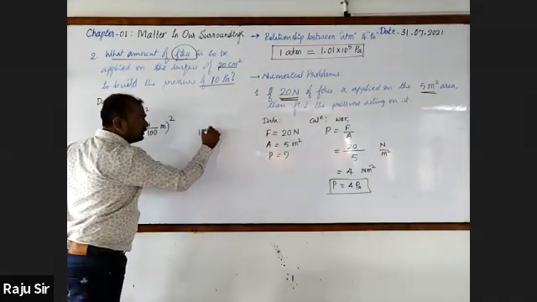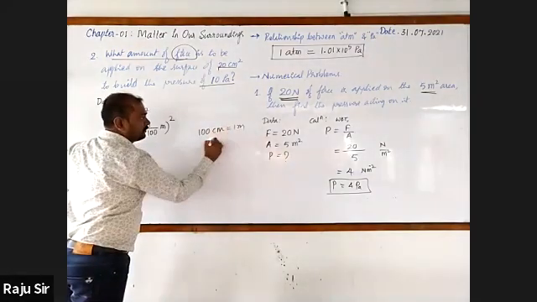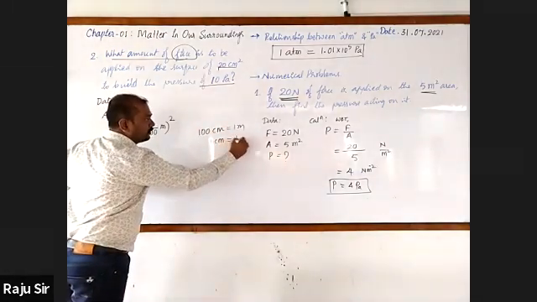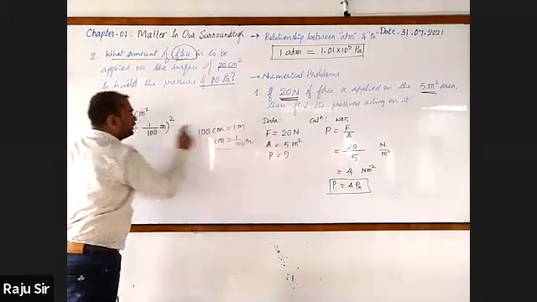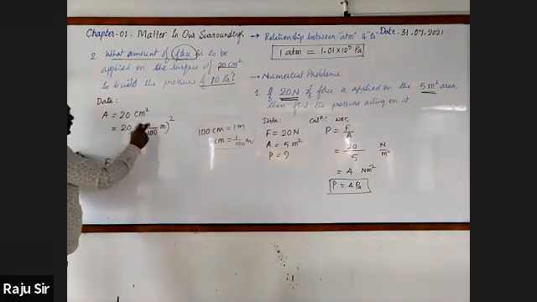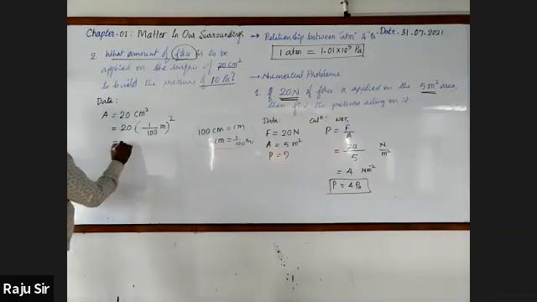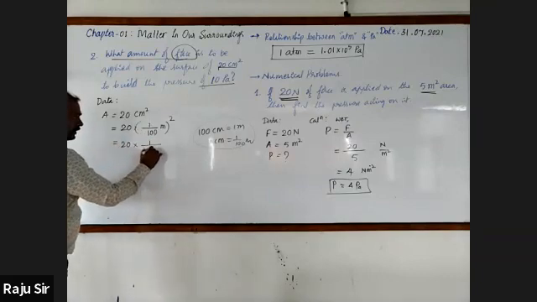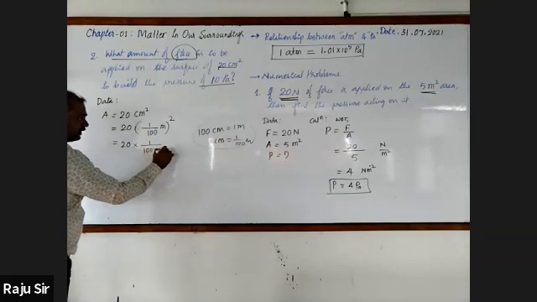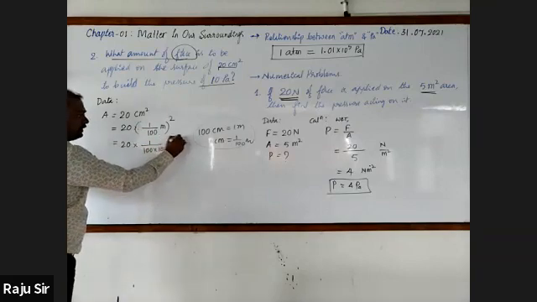We all know that 100 centimeter equal to 1 meter, then 1 centimeter is equal to 1 by 100 meter. In place of 1 centimeter, I have written 1 by 100 meter whole square. This is equal to 20 into 1 by 100 into 1 by 100, because whole square is there, then meter square.